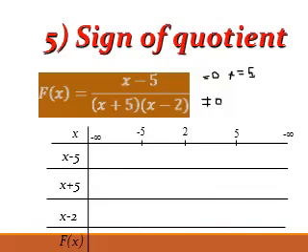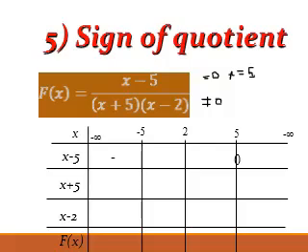x minus 5, x plus 5, x minus 2. The root of x minus 5 is 5, so everything before the root is going to be minus, after the root it's positive. In this case, x plus 5 is different than 0, so the minus 5 should be shaded. When I put this shaded region, it's as if I'm saying that minus 5 is not a root.